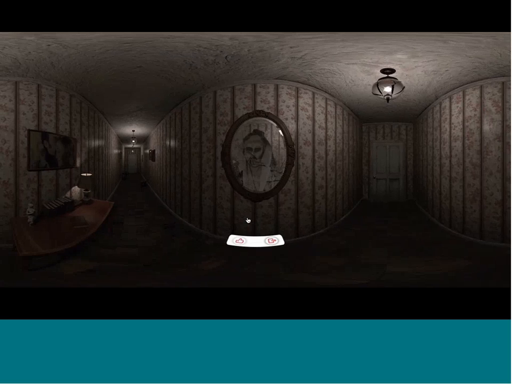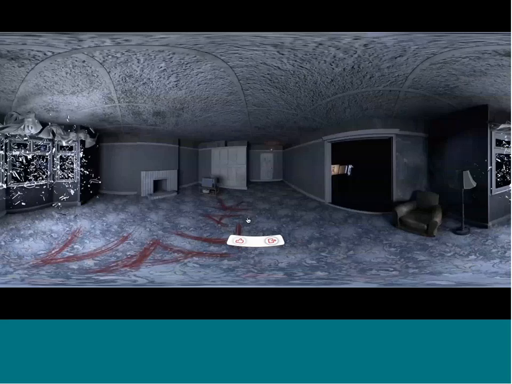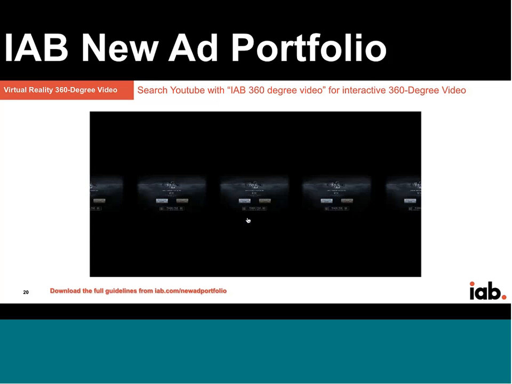The file weights are pretty heavy, so we're recommending it always be a second experience, always be user-initiated, and you can engage the users. Some preliminary data that we've heard about 360-degree media is pretty high and long engagement rates. So that was the 360-degree video.